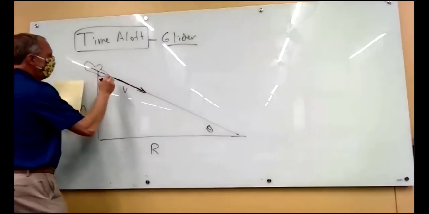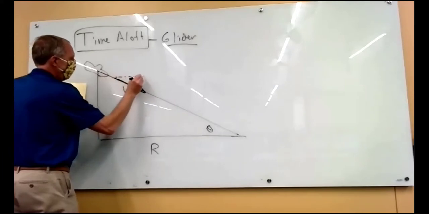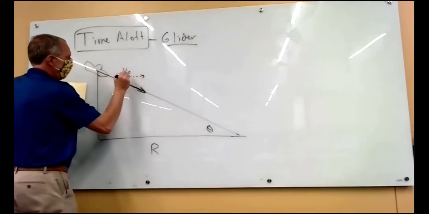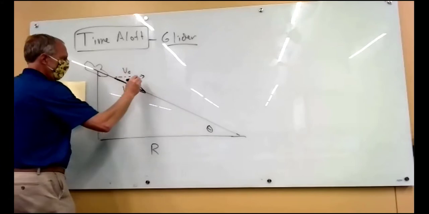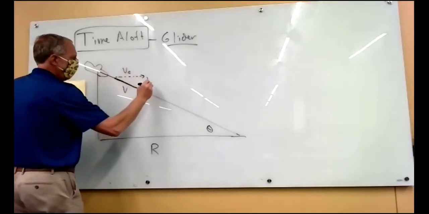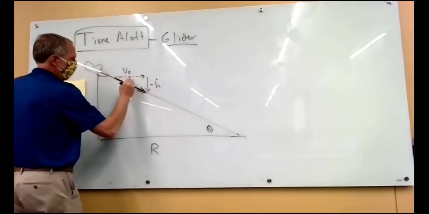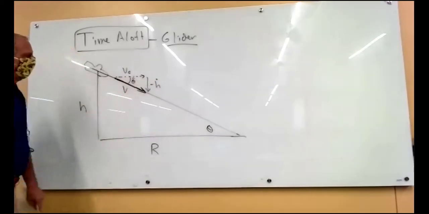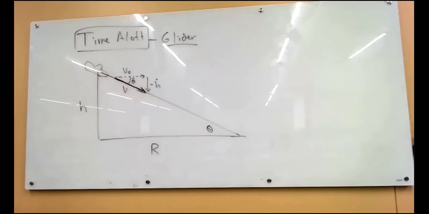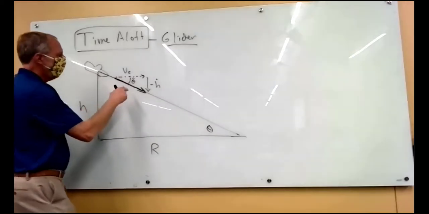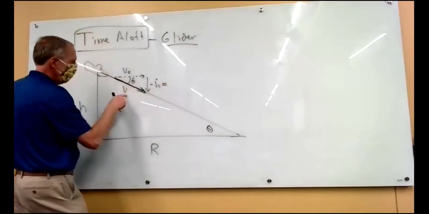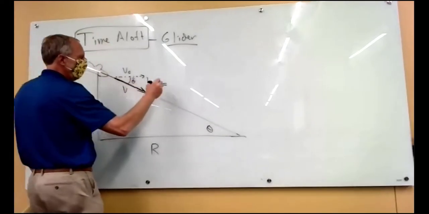And we can take the velocity vector and divide it up into ground speed, V sub g, and an altitude rate. And I'm making that minus h dot because we're going down. All right, so h is decreasing, so h dot is negative. And from this triangle, h dot is going to be V sine theta hat.